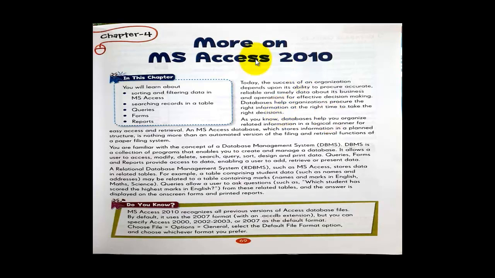We should have some database, so that you can search any record, or in an office you can search any record of a staff, or if you want to filter it, if you want to sort it, you can do it. So a database is a must, either in school or in offices or any organizations.